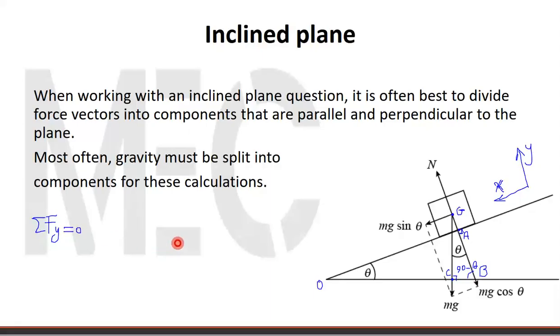Of course, either it slides down or it stops. It has no motion in the y direction. So sigma F of y equals 0, therefore normal force N is equal to mg cosine of theta. Whether we have friction or not, it remains to be talked about later, whether it slides down or not.